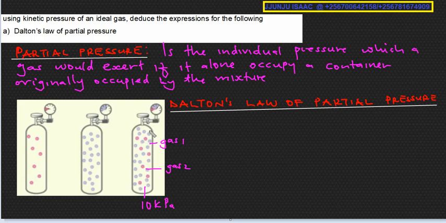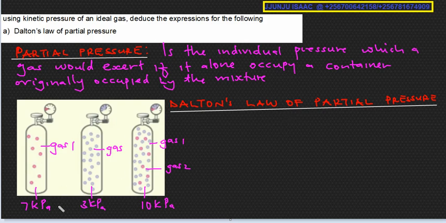Now, when you remove gas 1 and you put it in that same vessel, same volume, and say it exerts a pressure of 7 kilopascals, that implies that was its partial pressure. That's the pressure it contributed to this total pressure. So gas 2 would therefore contribute 3 kilopascals, because now we are going to see Dalton's law.